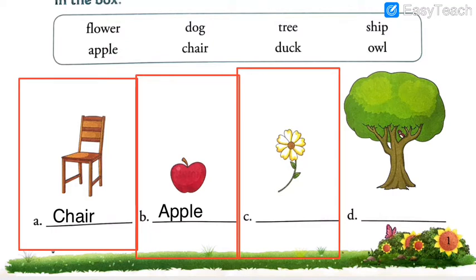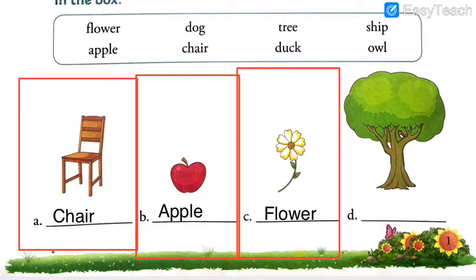So we will write the answer in the blanks given below. F-L-O-W-E-R, flower. Let us place it perfectly here. This is a flower, certainly. So we have solved three pictures. First is a chair, second is an apple, third is a flower.